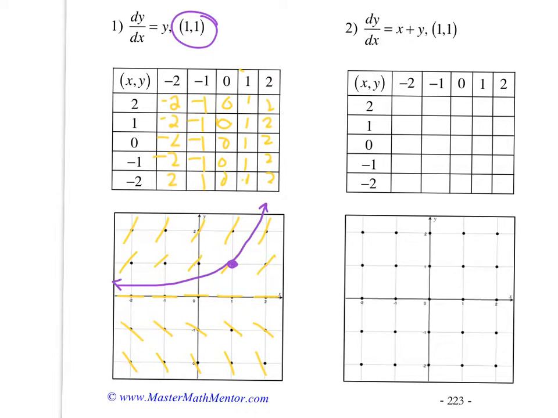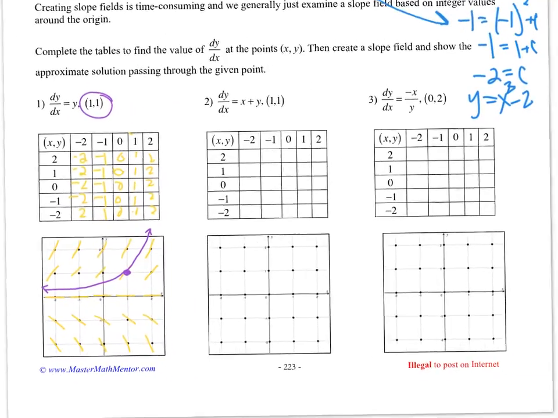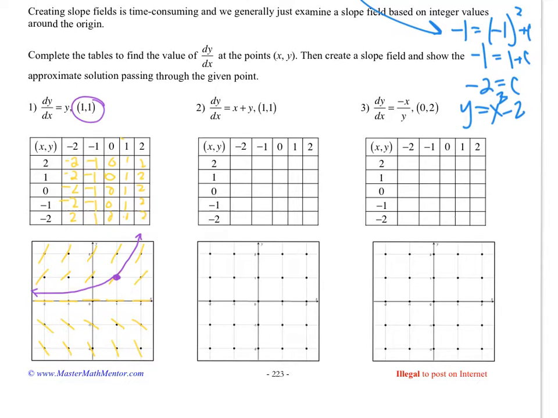And that is how you do the problem. That is how you create a slope field. And then you find the given point, plot it, and have the slopes push you in the direction through that given point. So I would like you to do the slope fields for 2 and 3.